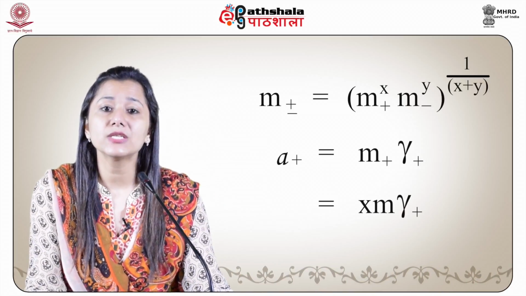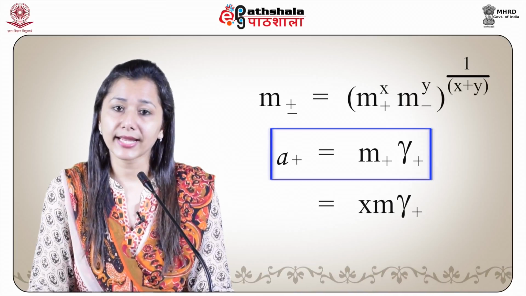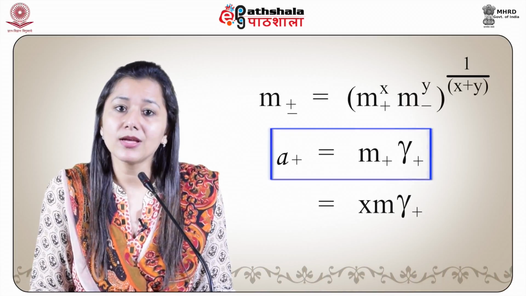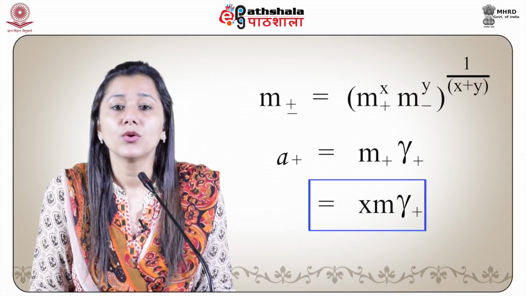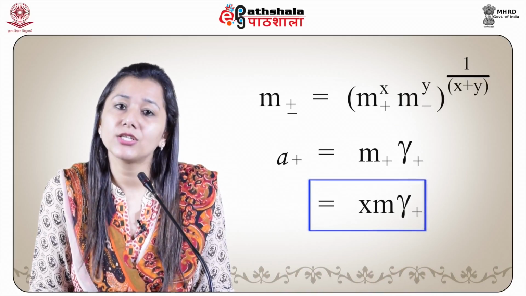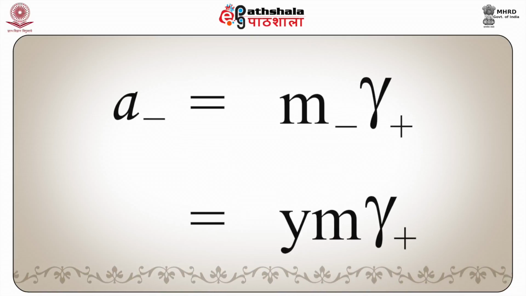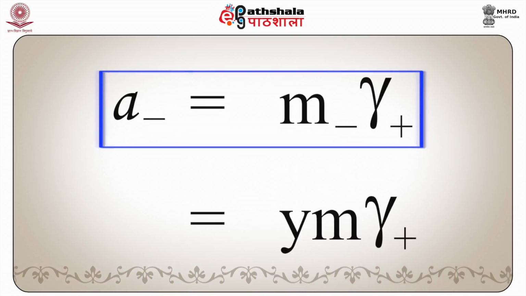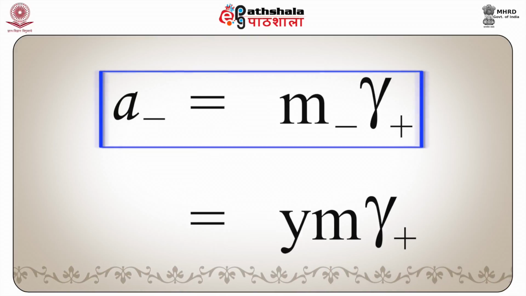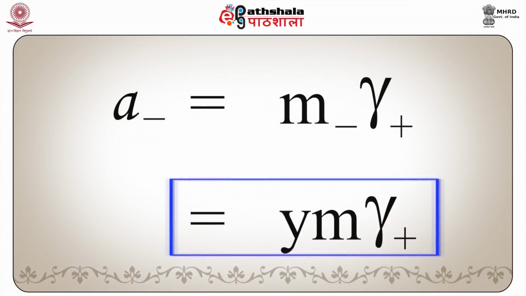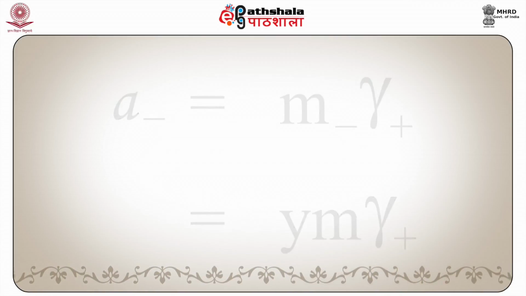The individual activity of the cation a+ can be written as a+ = m+ × γ+, which is equivalent to x times molality times γ+. Similarly, for the anion, a- = m- × γ-, which can be further written as y times m times γ-.